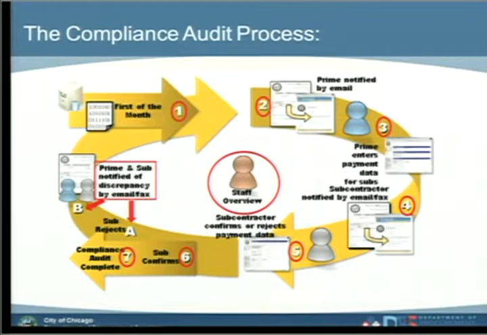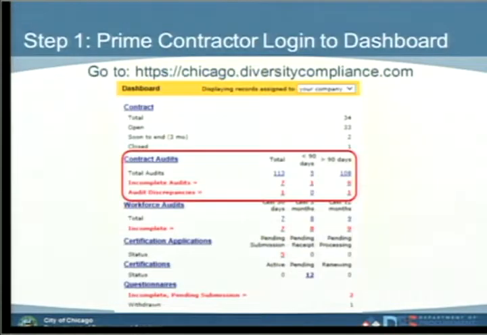If the subcontractor accepts the payment, the cycle starts all over again. But if the subcontractor rejects the payment, an audit discrepancy is created, but we will touch on more on audit discrepancies later on during the slideshow. For now, let's just jump into the next slide, which will give us a visual of what the actual prime contractor sees in the C2 dashboard.